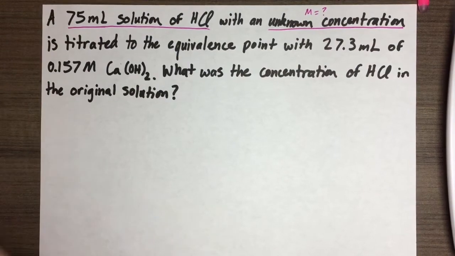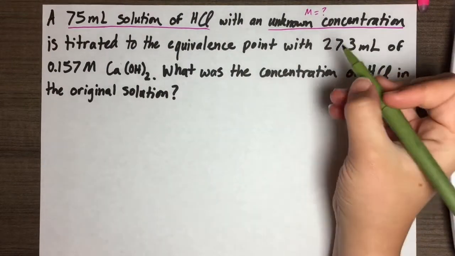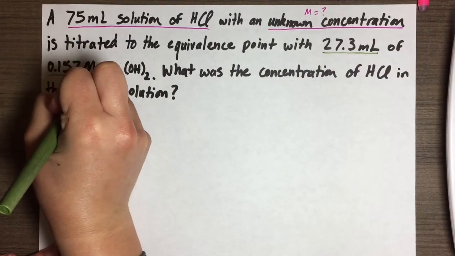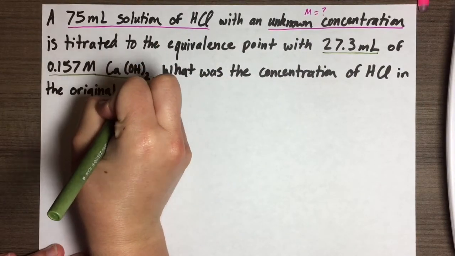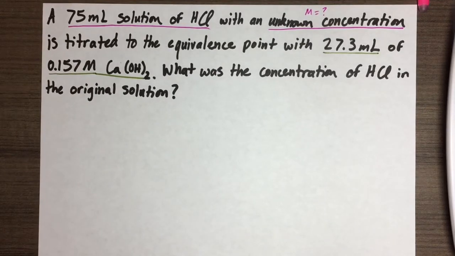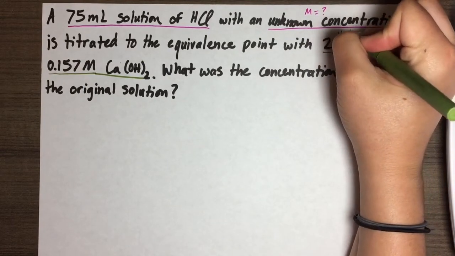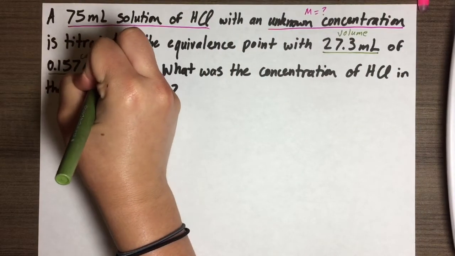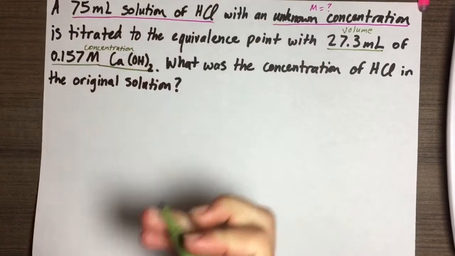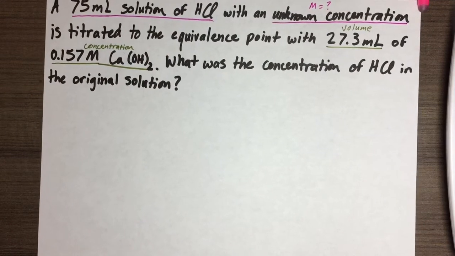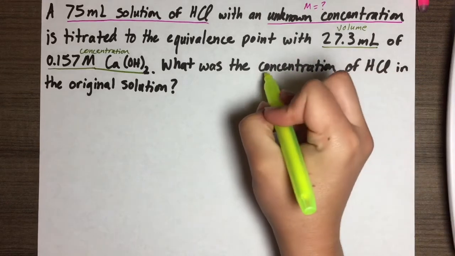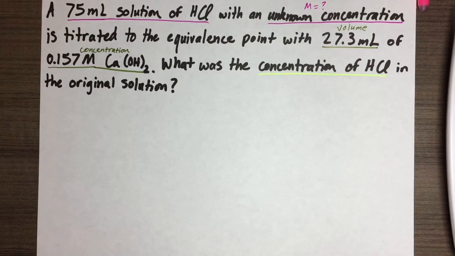And then we're also given 27.3 milliliters of 0.157 molarity of calcium hydroxide. So we're given the volume and the concentration of a calcium hydroxide solution. And now we are looking for the concentration of hydrochloric acid in the original solution.